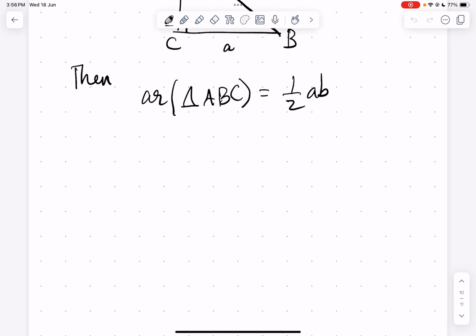Yeah. So we have an example. Consider this example.